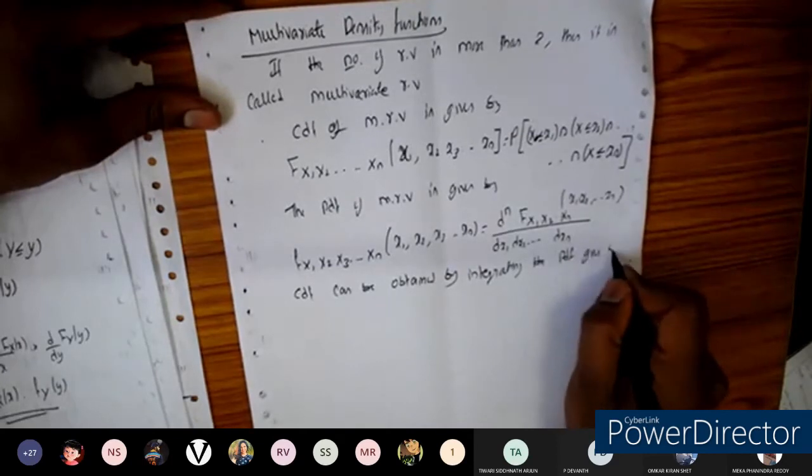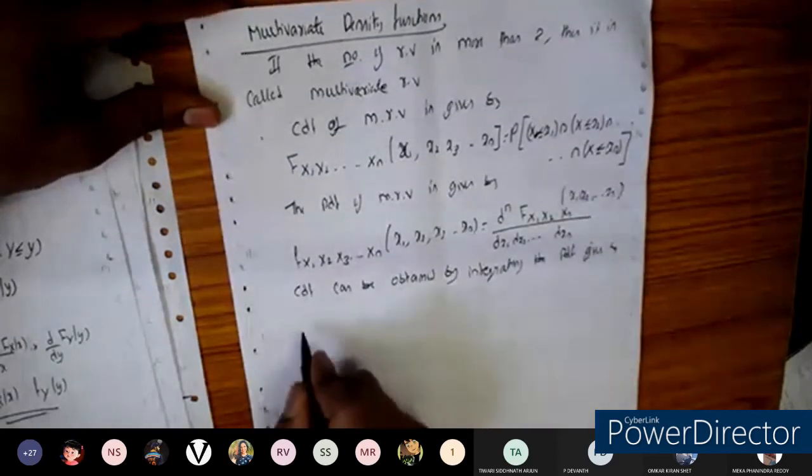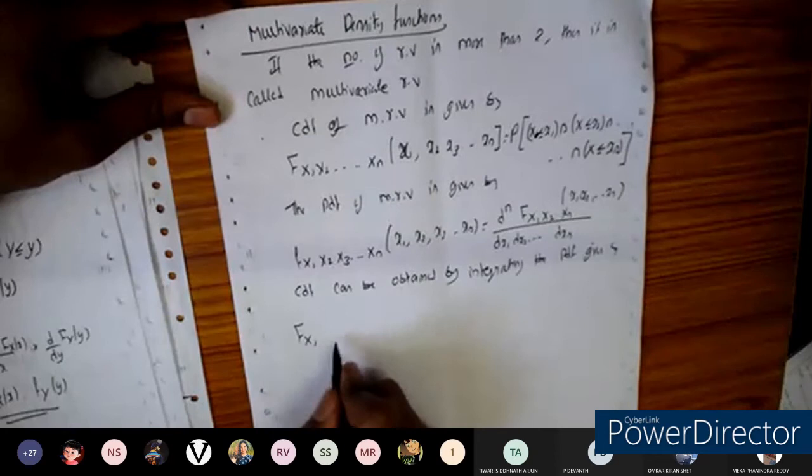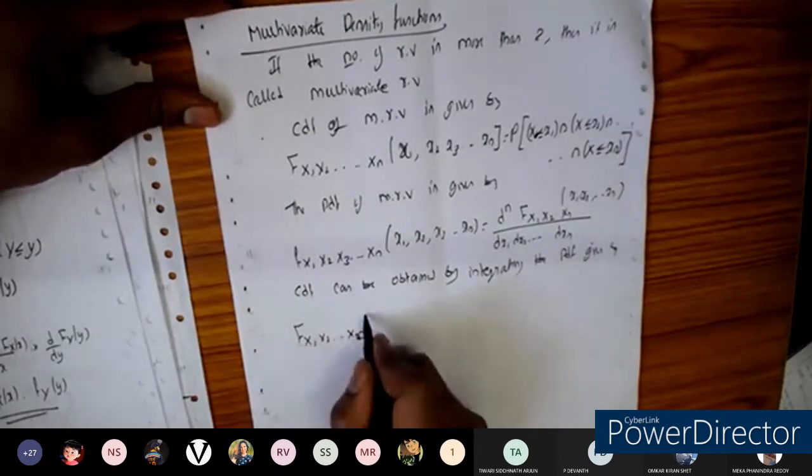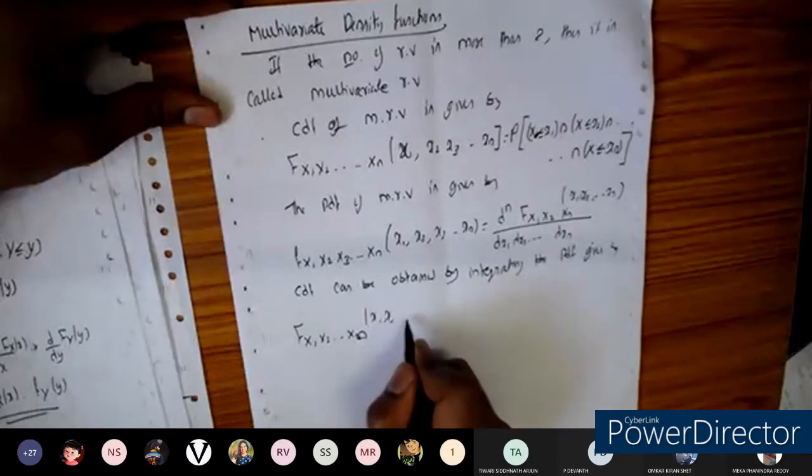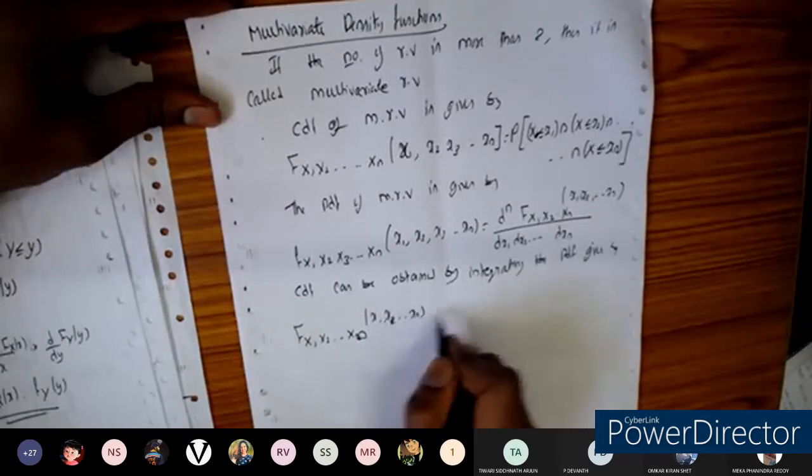If you integrate the PDF here, you get the CDF. This is f of X1, X2 up to Xn of x1, x2 up to xn.